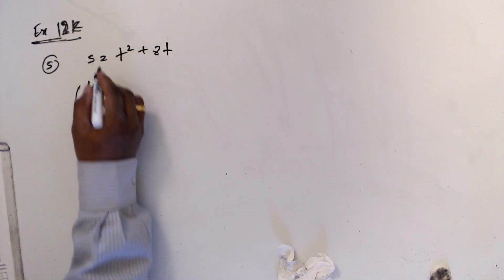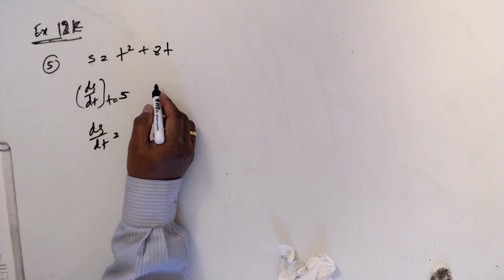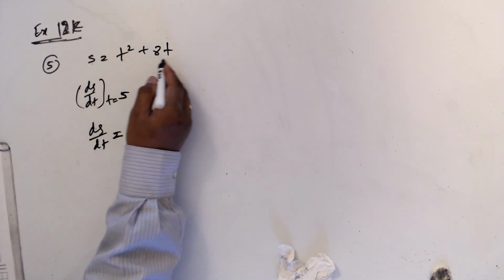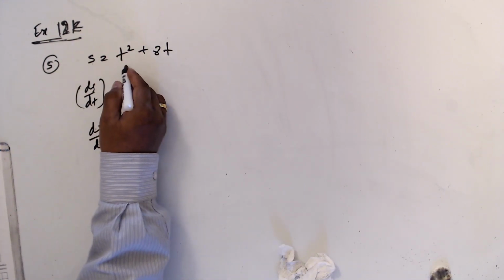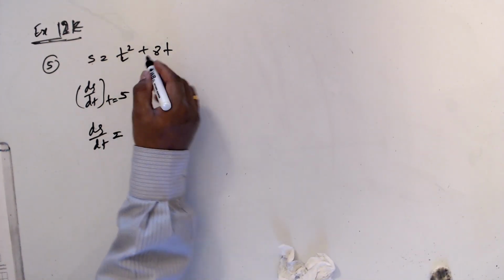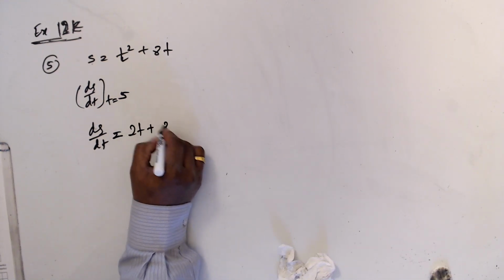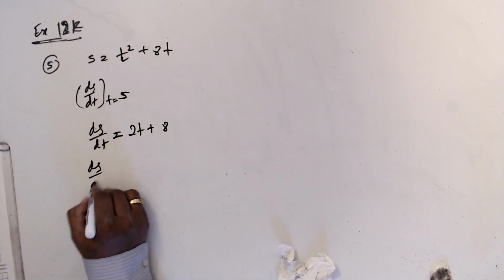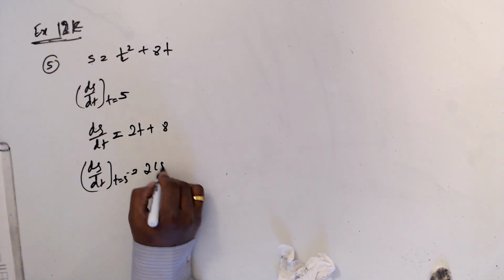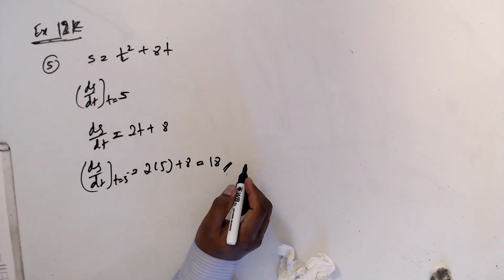So we'll find ds over dt first. You see this is a quadratic equation, y equal x square plus 8x, like that. So it has a minimum value. So this is 2t plus 8. Then ds over dt when t equal 5 is 2 times 5 plus 8. This is going to be 18.